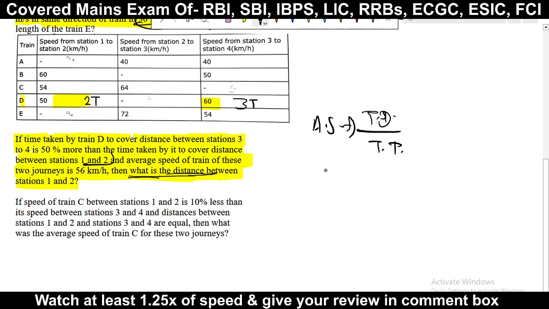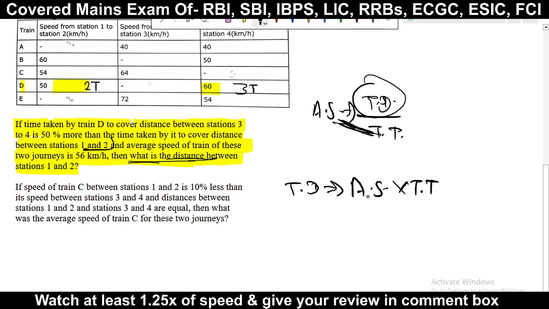So we want the distance, and total distance equals average speed multiplied by total time. Yes or no?